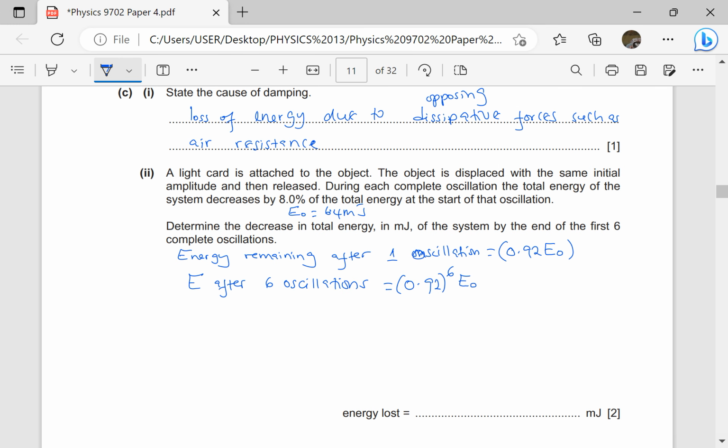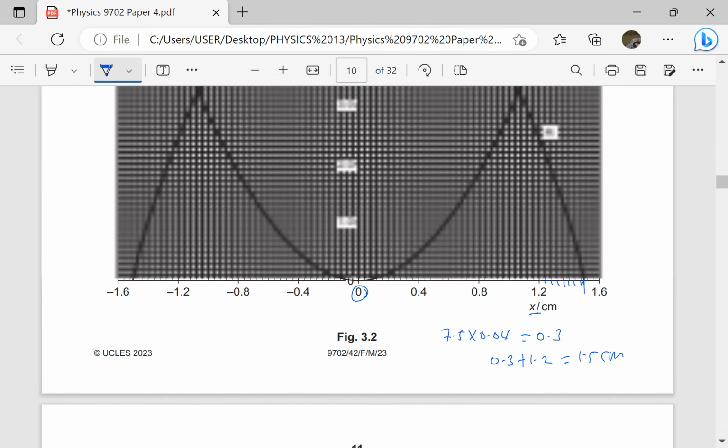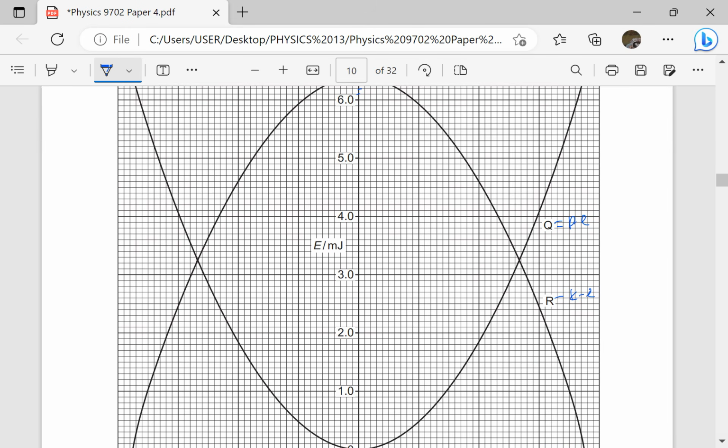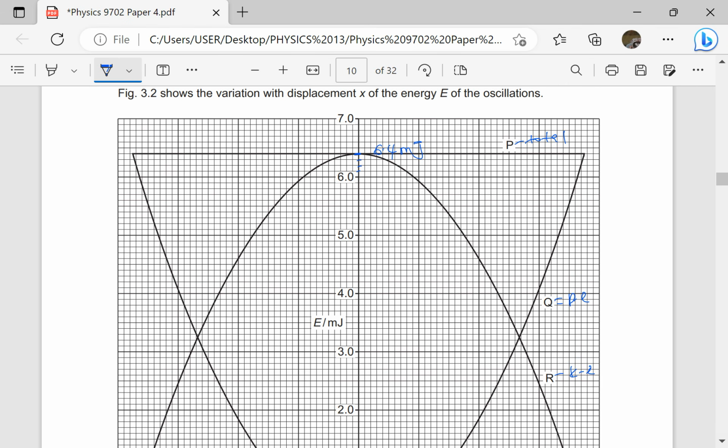That is the energy which remains after 6 oscillations. So the energy lost is therefore going to be equal to the original amount of energy, 6.4 millijoules.